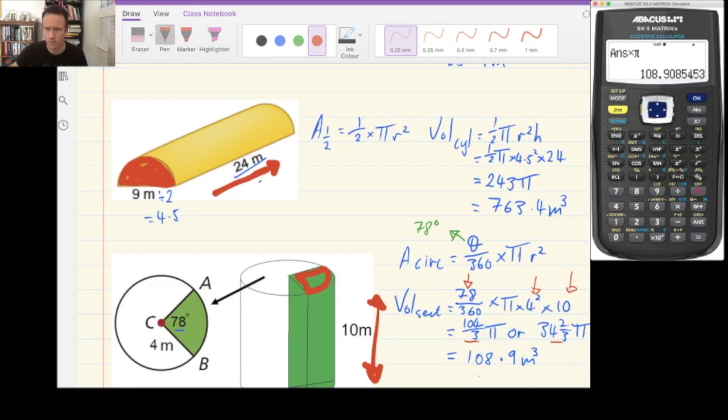But to get the 108.9, just to go over that on the calculator in case we missed it, we can go 78 over 360 times pi times 4 squared times 10. Buttons don't like me today.